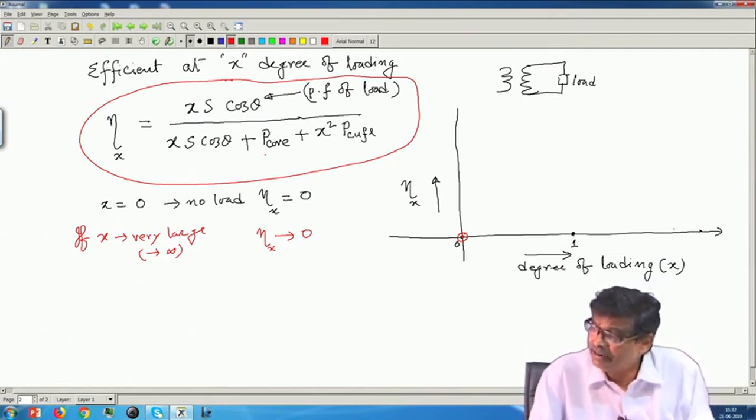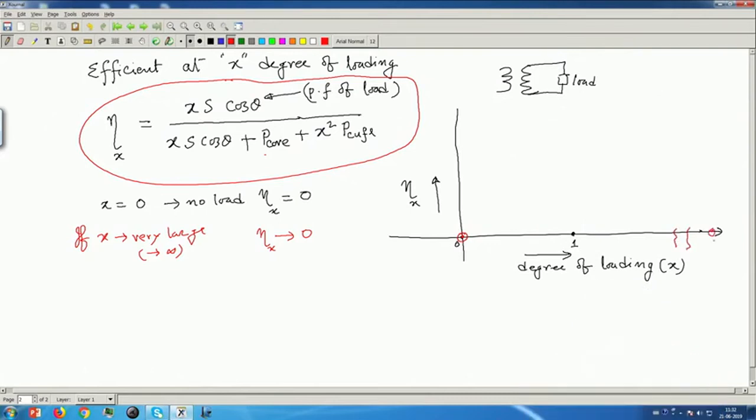So, at a very large value of x, efficiency will also be 0. But in between, whatever is the value of x, this will give you some finite numbers.